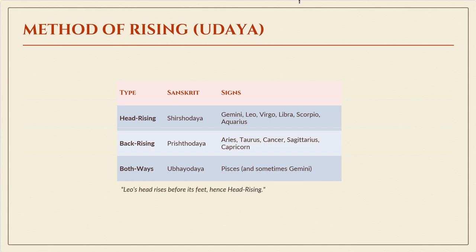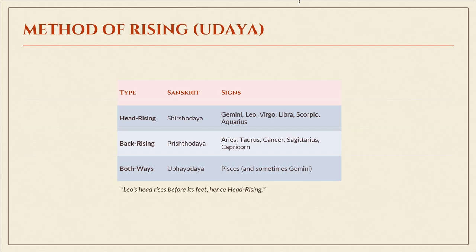Also, head rising Rashis are more powerful during day. Tail rising Rashis are more powerful during night. So if more planets are situated in your head rising Rashi, you will feel stronger during day.